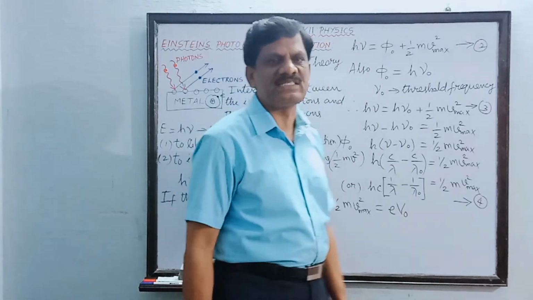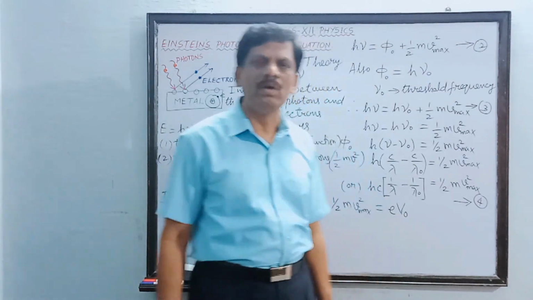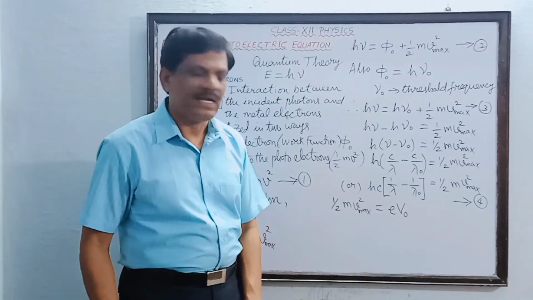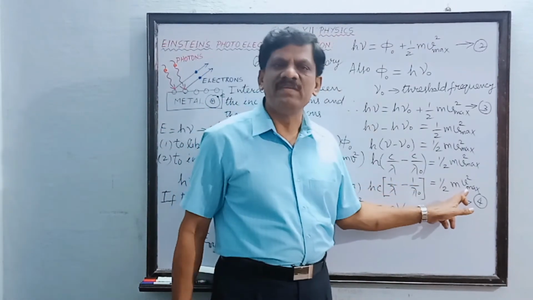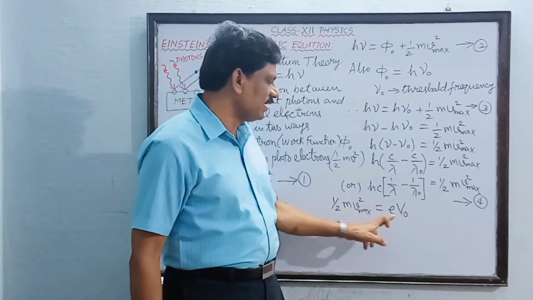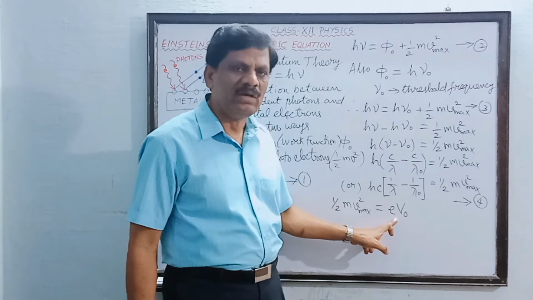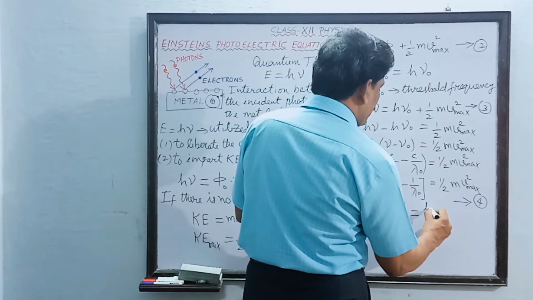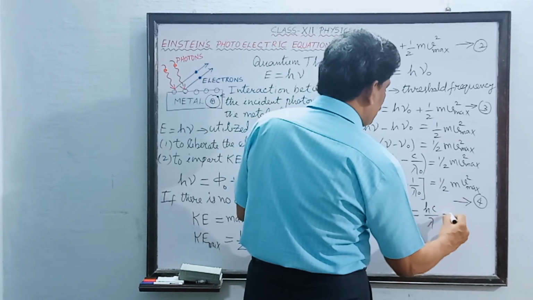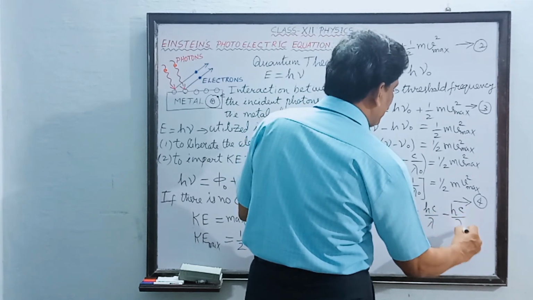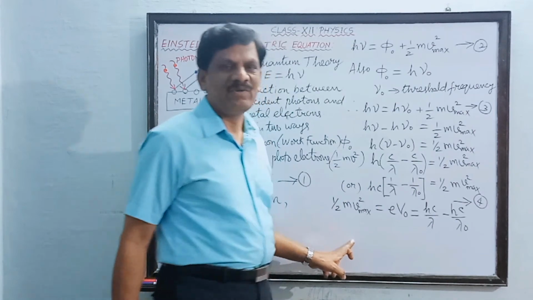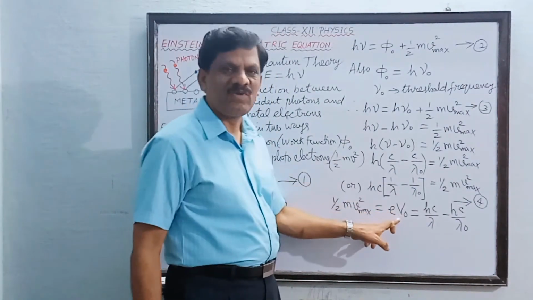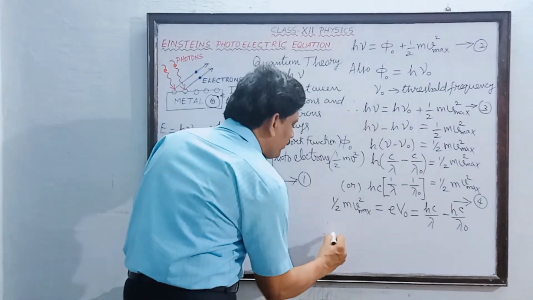Therefore, it is the stopping potential, eV₀. So Millikan substituted this half mv² maximum is also equal to eV₀. So eV₀ is equal to hc by λ minus hc by λ₀.